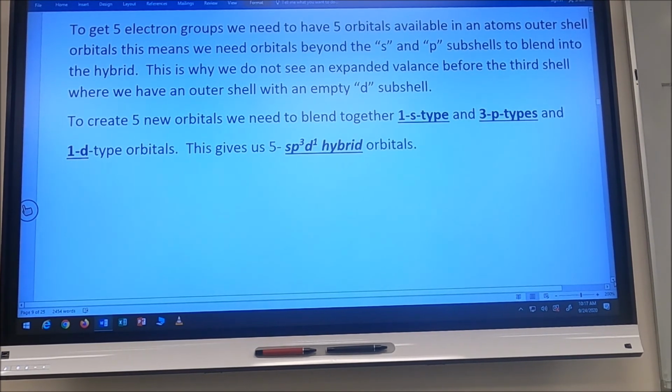So to create 5 new orbitals, we need to blend together 1 s-type, 3 p-type, and 1 d-type. So it's called sp3d1, or sometimes it's just written sp3d. Okay, I think your book doesn't put the 1 over the d.